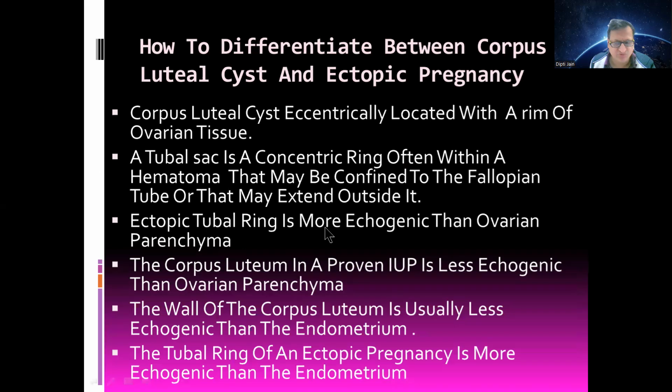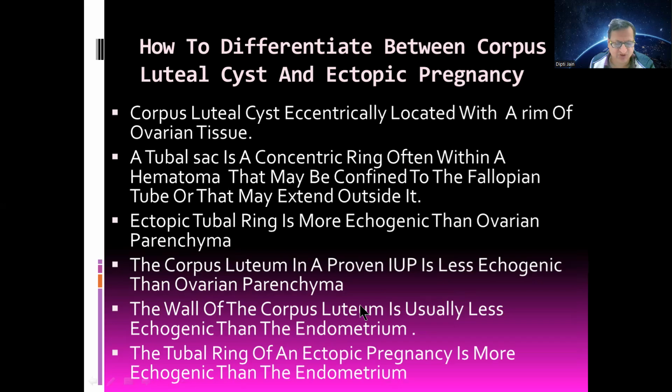The tubal ring is more echogenic than the ovarian parenchyma, whereas the corpus luteum is less echogenic than the ovarian parenchyma. The next differentiating point is that the wall of the corpus luteum is usually less echogenic than the endometrium, and the tubal ring of ectopic pregnancy is more echogenic.